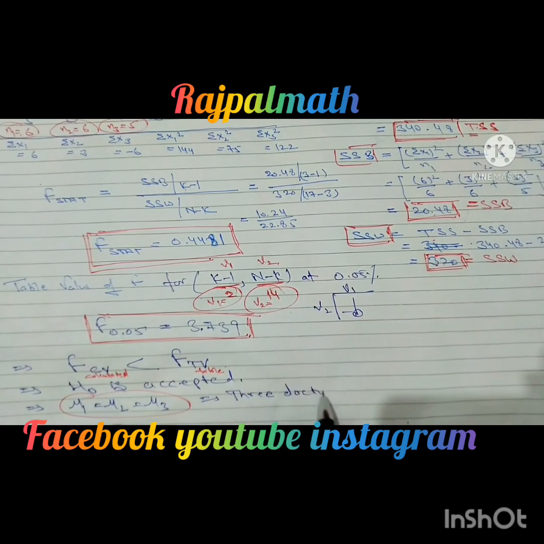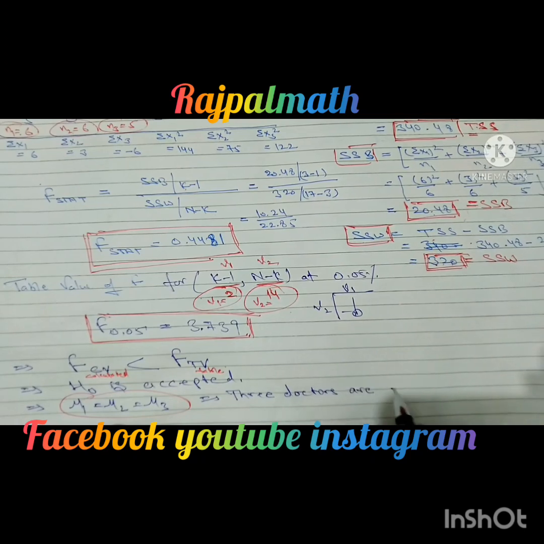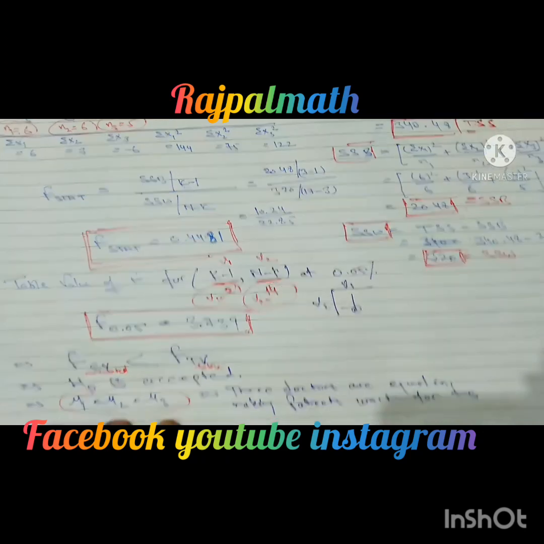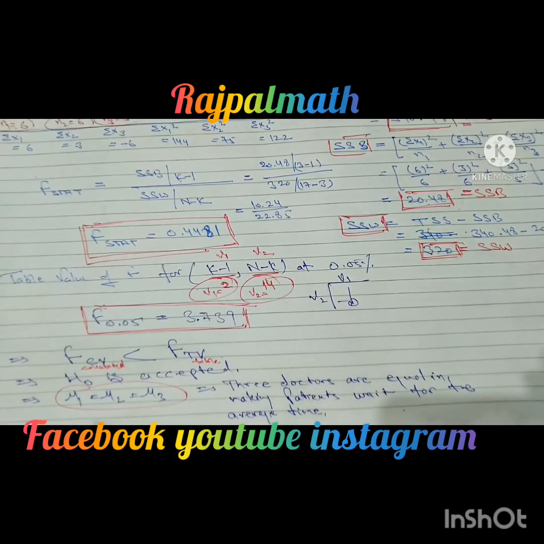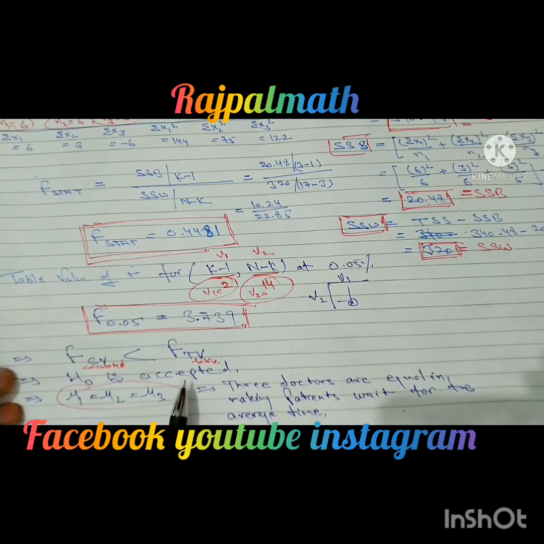Which means the 3 doctors are equal in making patients wait for the average time, as H naught is accepted.